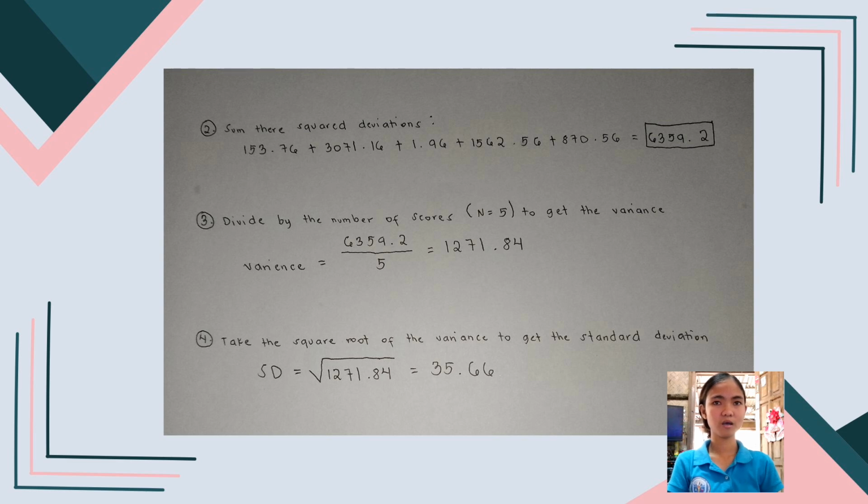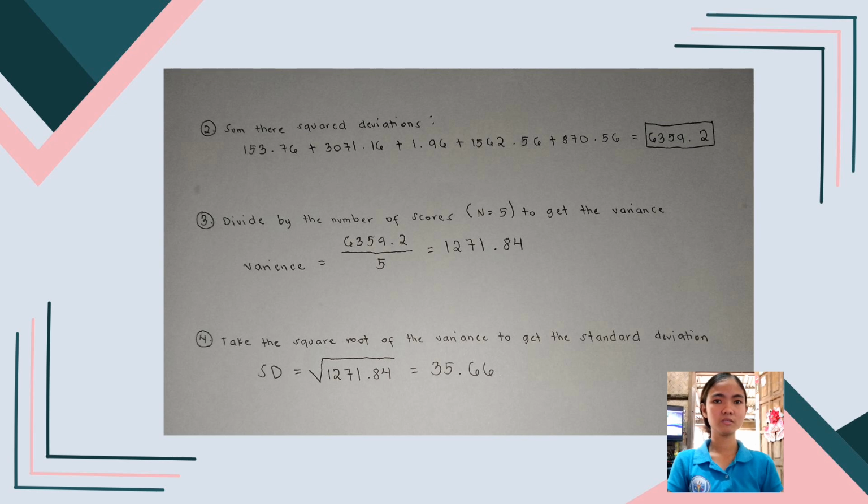Tapos, number 2 is their square deviations. 153.76. Dito naman po is pinag-plus lang yan. Tapos pinag-plus lang yung square deviations, so yung total niya is 6,359.2. So sa sunod naman po is yung number 3, divide by the number of scores to get the variance.